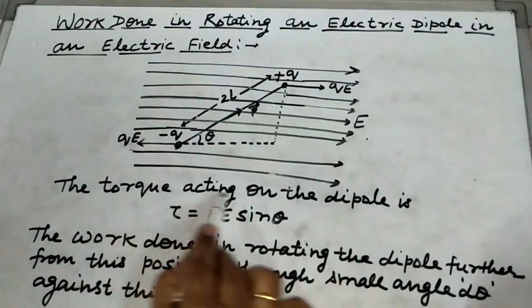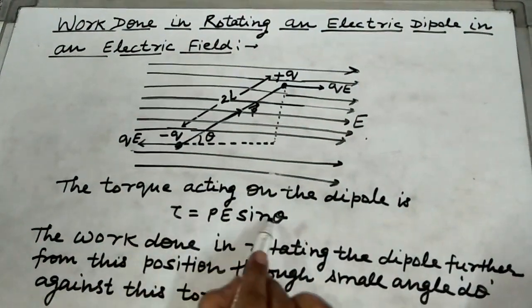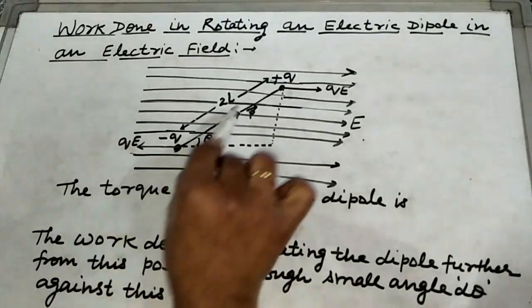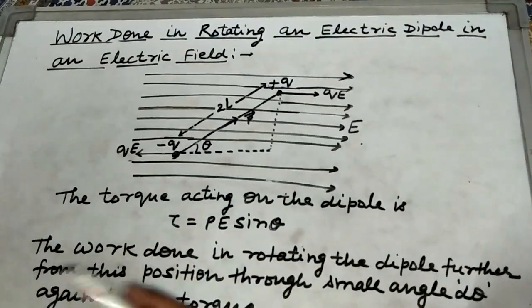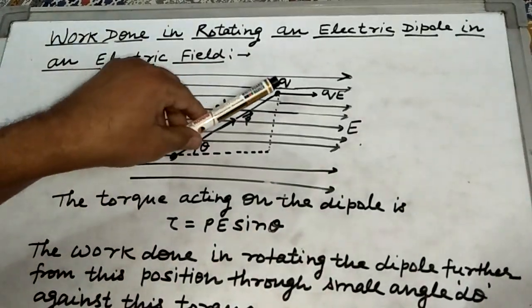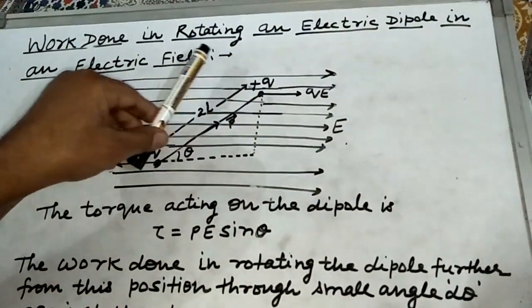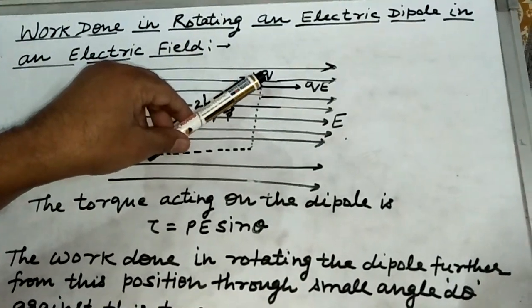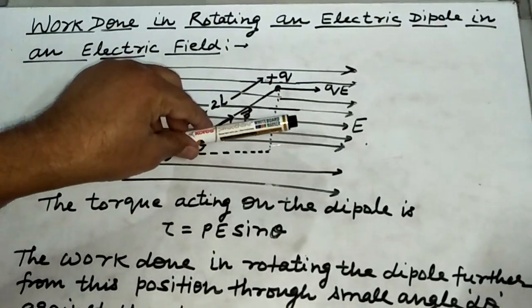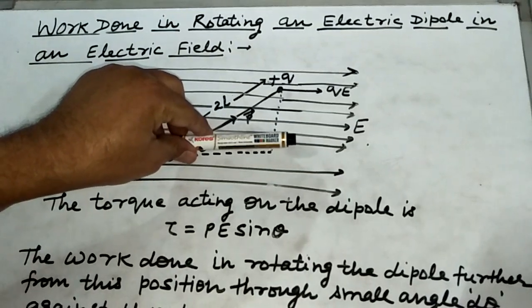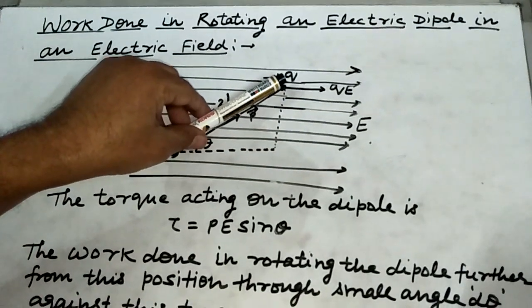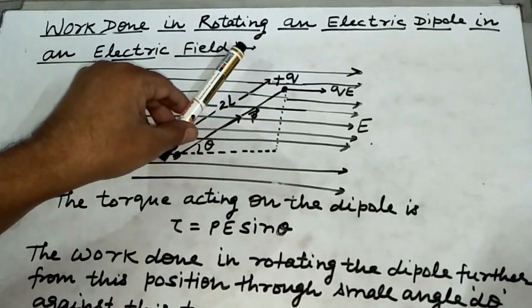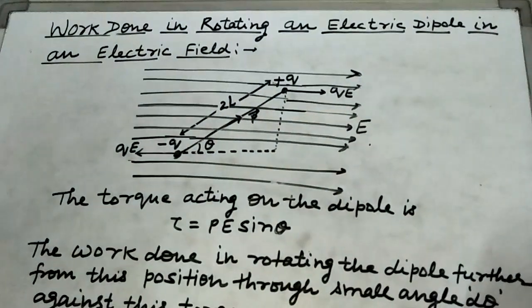So the torque acting on the dipole is tau = PE sin theta. Now if the dipole is further displaced through a small angle d theta against the torque, because the tendency of the torque is to rotate the dipole till it comes in the direction of the electric field, then we will do work.